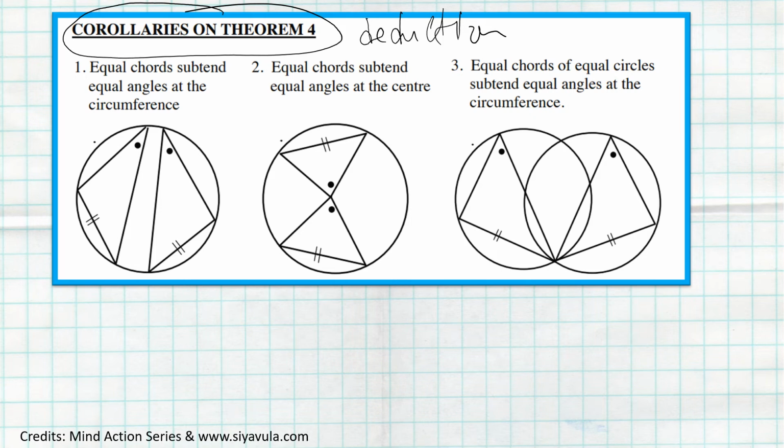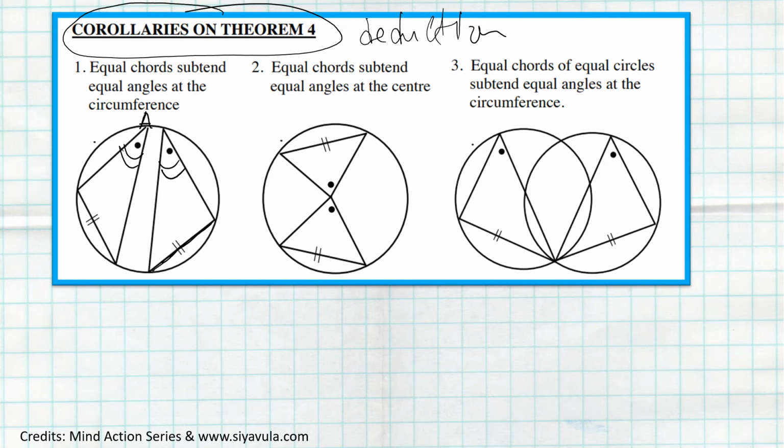So number 1, one of the deductions that can be made, and it's very, very important, is that equal chords will subtend equal angles at the circumference. This is very, very important. We are not saying somewhere inside this circle, right? We are saying at the what? At the circumference.